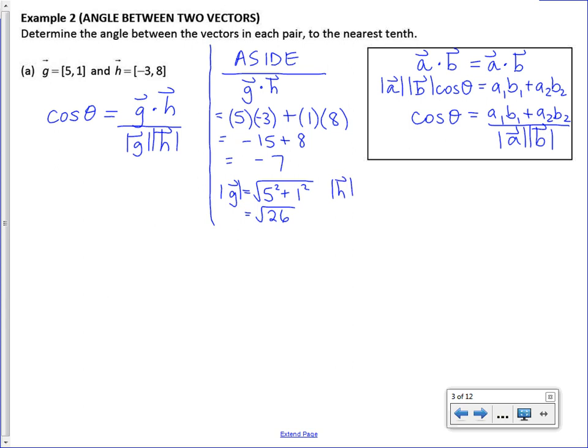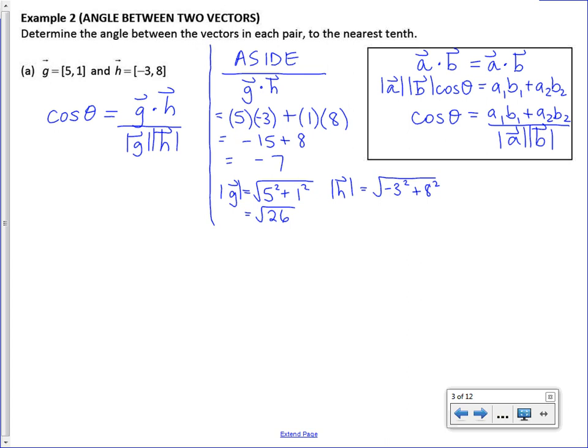And then magnitude of H will be the square root of, so I'm going to write something here and I want you to understand why this isn't going to work. What's wrong with what I've just written? Anytime you're putting a base that is negative, you need the brackets.